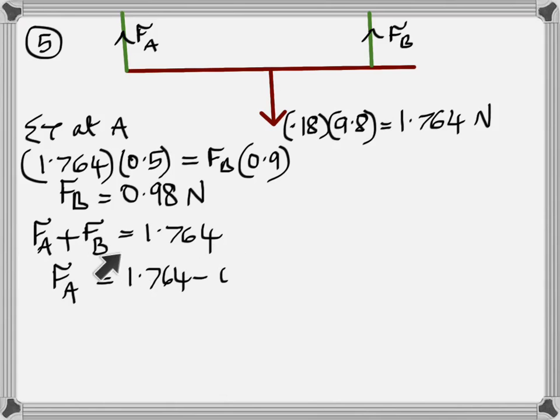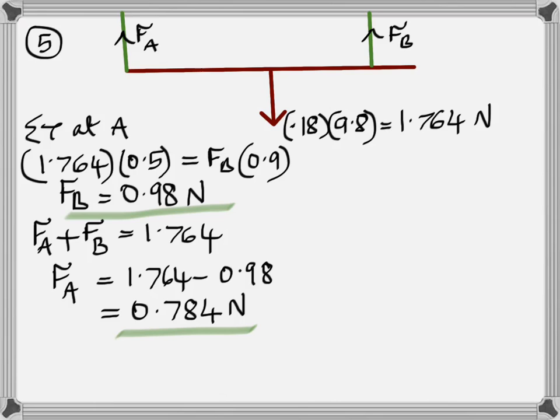So total upward force is equal to total downward force. You get both Fa and Fb.